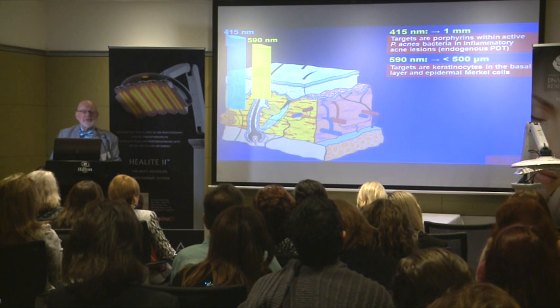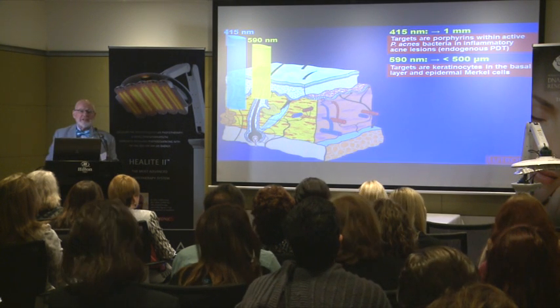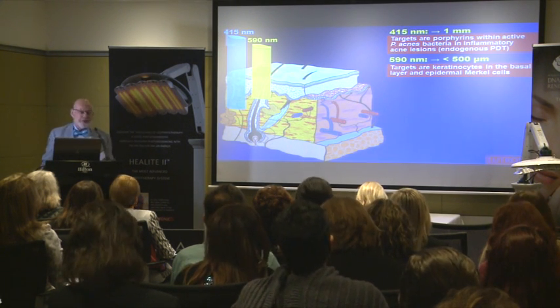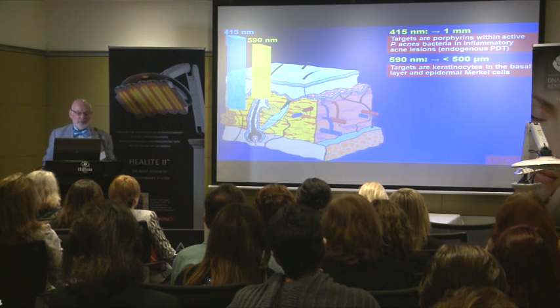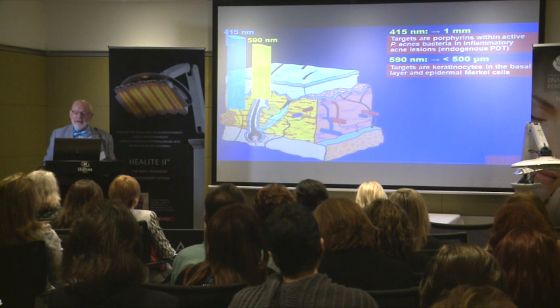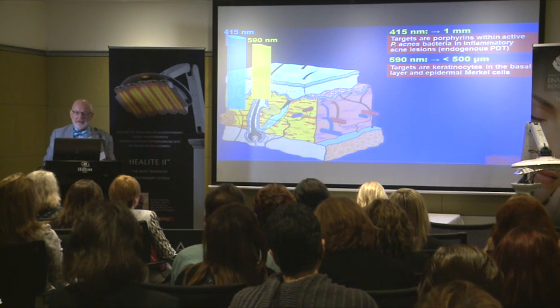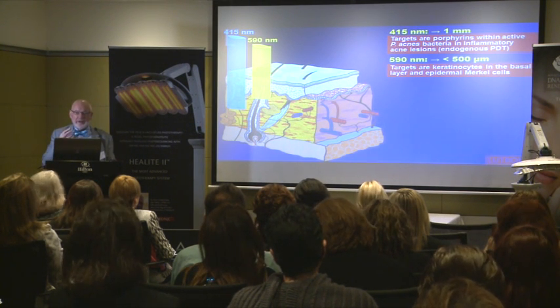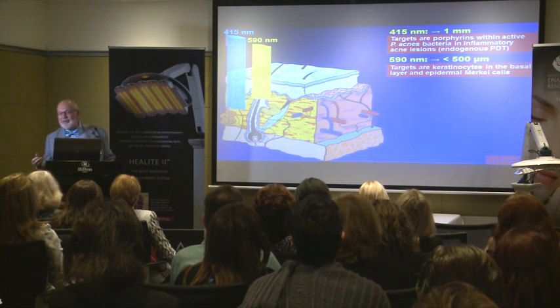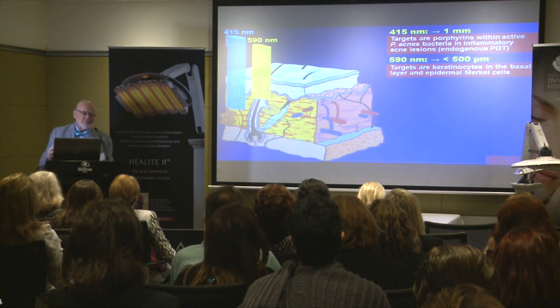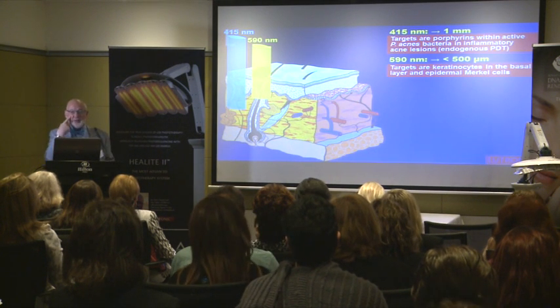590 nanometers is paired with 830 nanometers in the infrared head. And its targets are purely epidermal, keratinocytes and epidermal Merkel cells. Because when we look at the mirror, we don't see a dermis, we don't see beautiful blood vessels and lovely collagen and wonderful elastin, we see the epidermis.